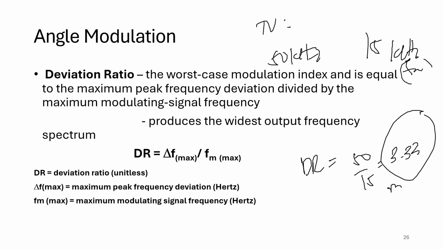The 50 kilohertz here for TV is a standard value. So if you are solving a problem and it says TV broadcasting, the maximum peak frequency deviation is given to be 50 kilohertz. The 75 kilohertz a while ago is for FM broadcasting.